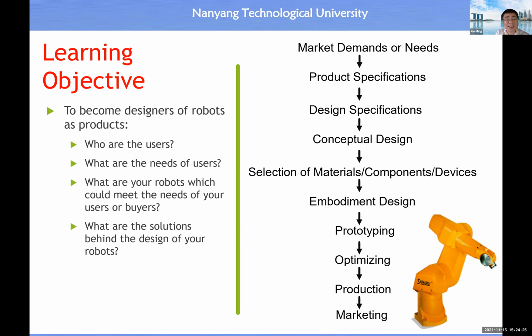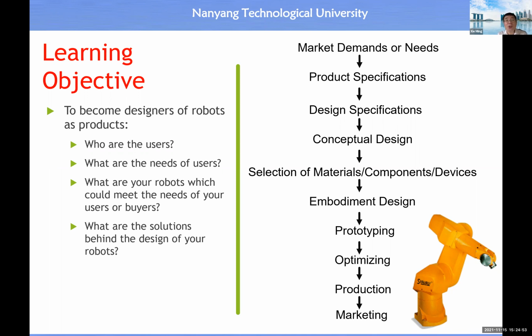The second scenario is the case in which you do not know the specific user. Therefore, you do not know the need of a specific user. However, you still want to design a robot as a product which could be purchased by many potential buyers.